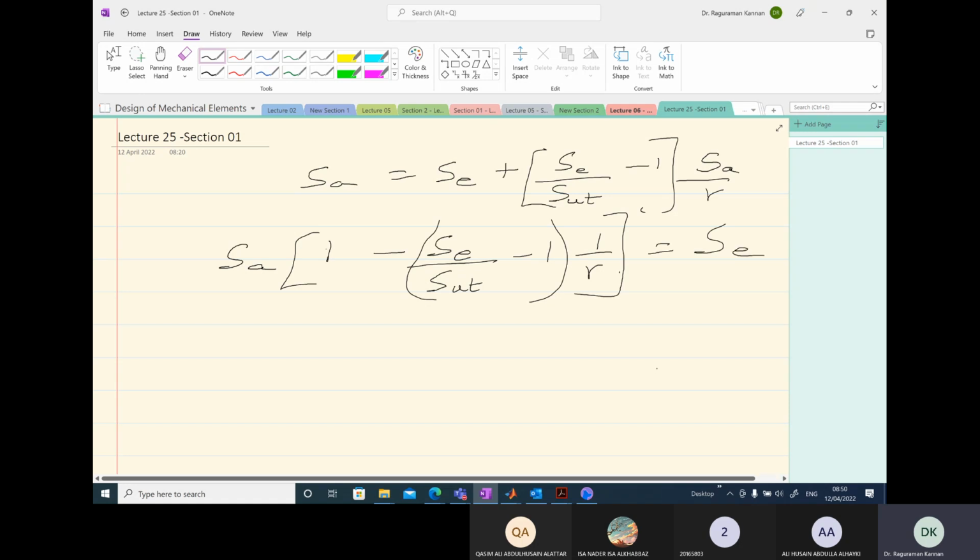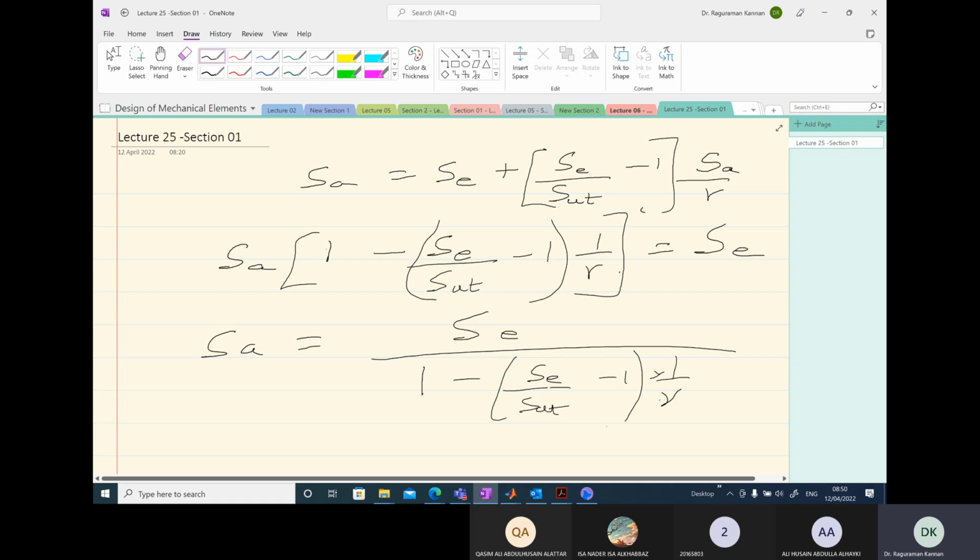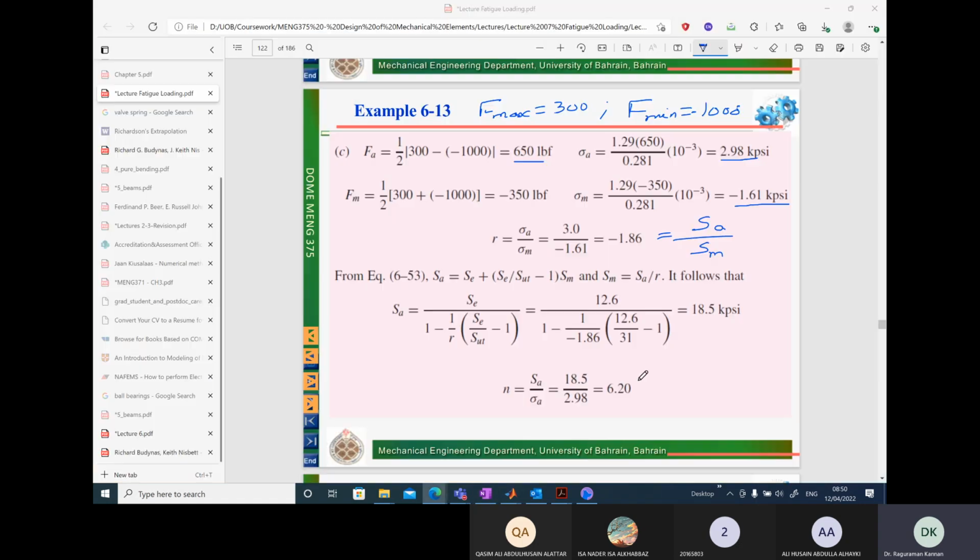Okay, so now we can rewrite the equation. We will have SE over 1 minus this entire term, one over R. That is the equation given here, and we substitute and we calculate.